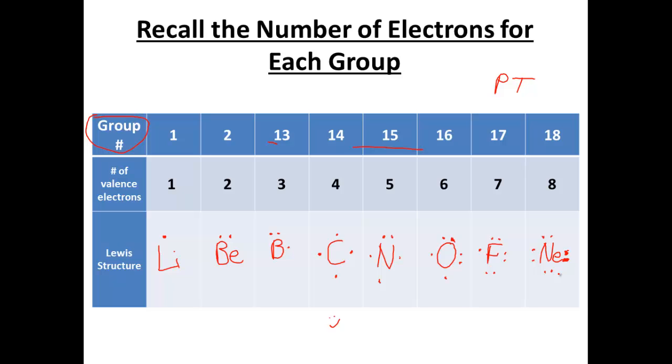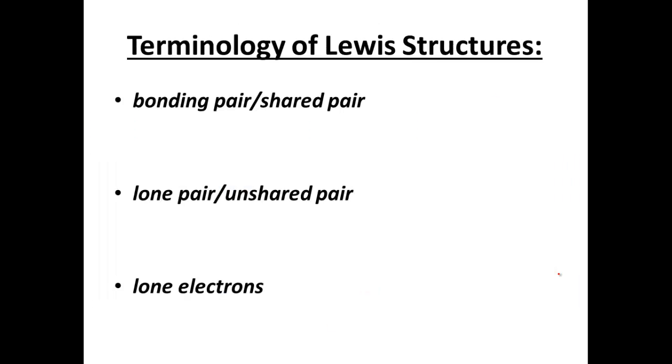So now we've looked back over our number of outer electrons for each group. What we're going to do is introduce a little bit of terminology. Now these are just listed left to right in your notes, or top and down in mine. So we're going to draw out this structure here.